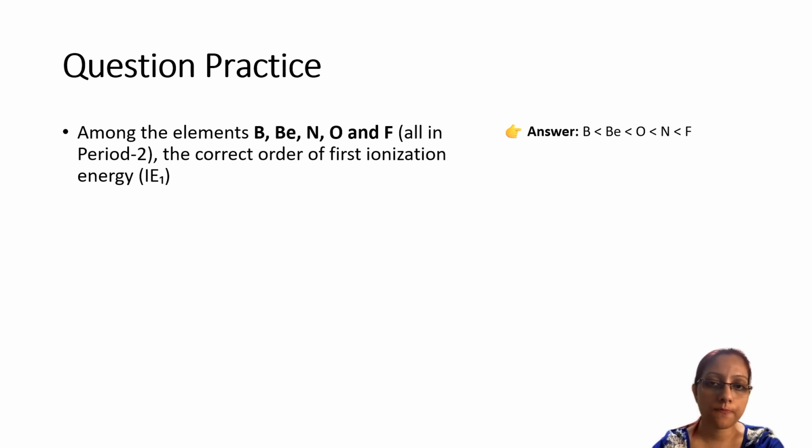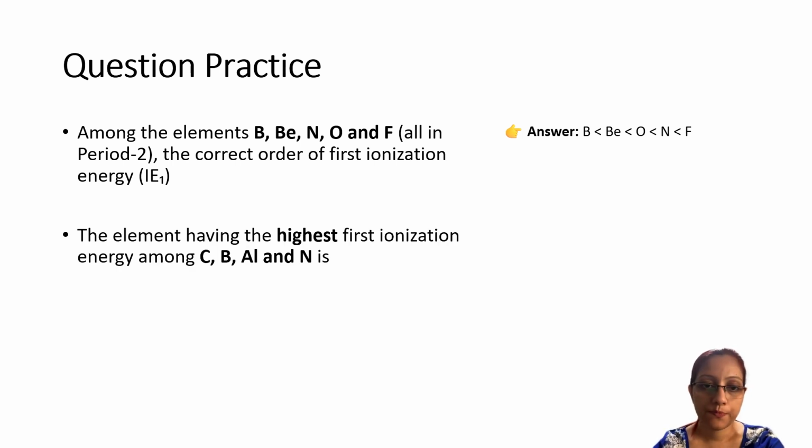Next is, which element has the highest first ionization energy among carbon, boron, aluminium and nitrogen? So the answer is nitrogen. And why is that? Because if we take boron, we know that the last electron is in the 2p orbital, 2p1.